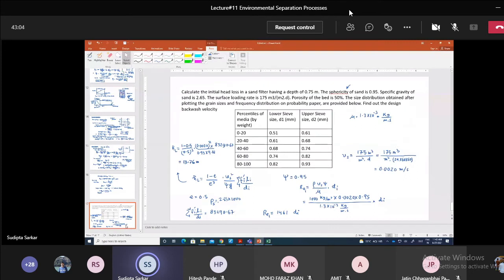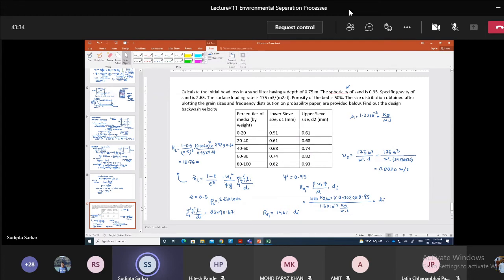Okay. Now, as I have shown you how to calculate this, I think you can now do it by yourself. Only thing is that I'm a little bit skeptical about the unit that I have used. So I will probably come back, because the head loss value that we have got is a little too high.